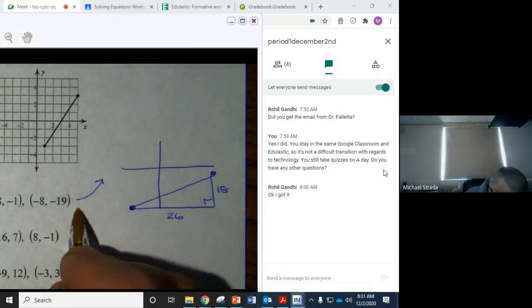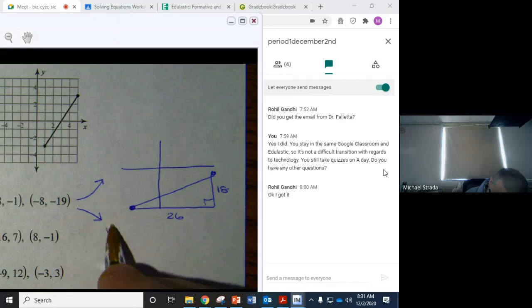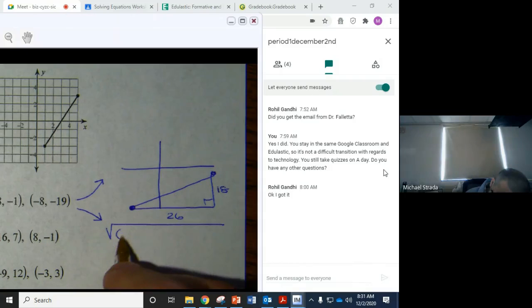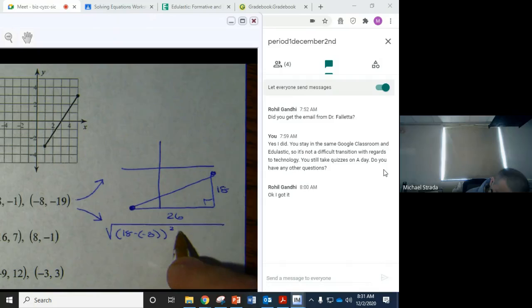If you're going to go distance formula, it would look like this. 18 minus negative 8, squared, plus negative 1 minus negative 19, squared.